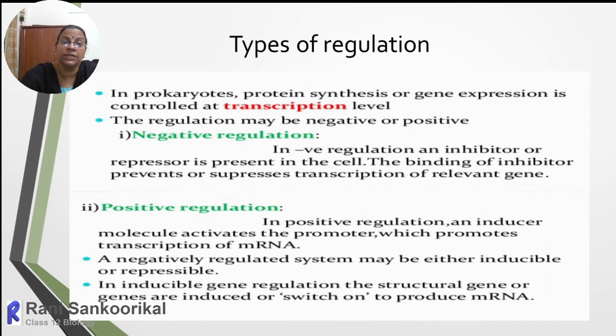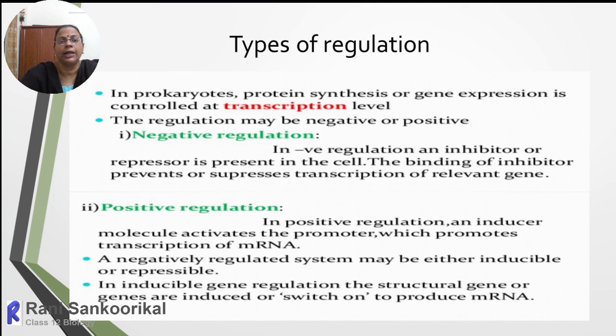In that transcription unit, we have learned inducer, repressor, modifier, silencer, enhancer, like that many other genes will be there, and they are not in a continuous sequence. They can be located in different chromosomes in different regions. That is more complicated, and we need not discuss much.